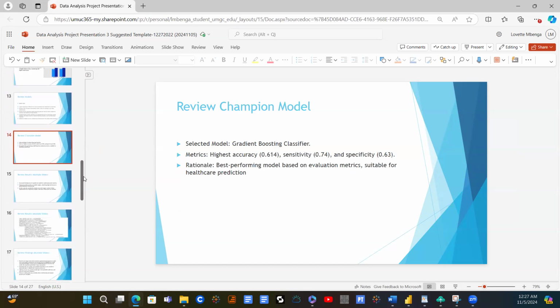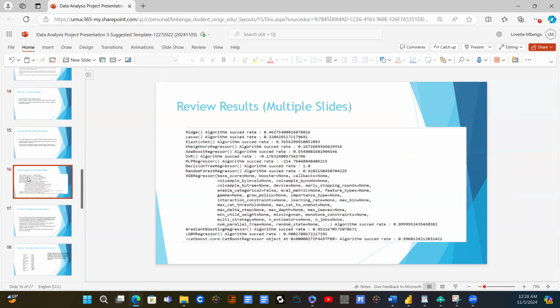For our champion model, the gradient boosting classifier is the highest, with accuracy of 0.614 and sensitivity of 0.74. So we can see that this is suitable for predicting healthcare analysis. Here you can see the success rate.